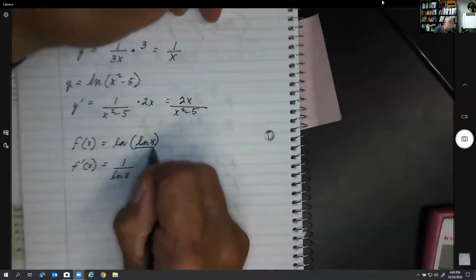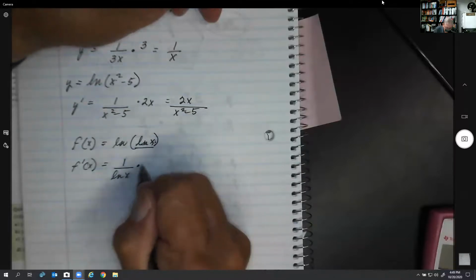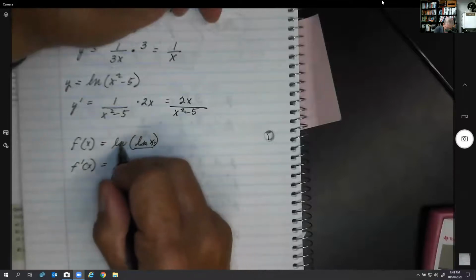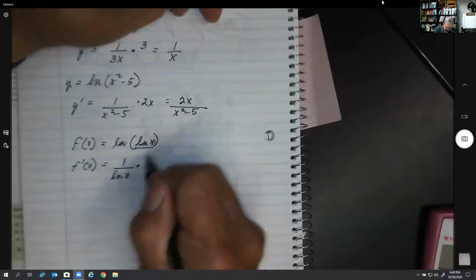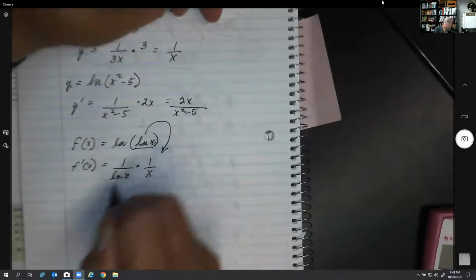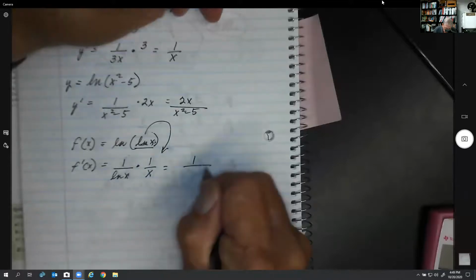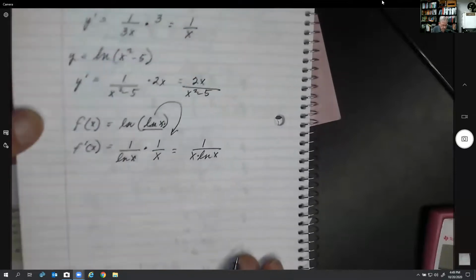Then we got to take the derivative of ln x, which is 1 over x. So we took the natural log of this, which is 1 over the natural log of x, times the derivative of the inside. So it looks like it's going to be 1 over x ln x. You can put a times sign in there if you want, or leave it out. Let's see if that's exactly what they came up with.